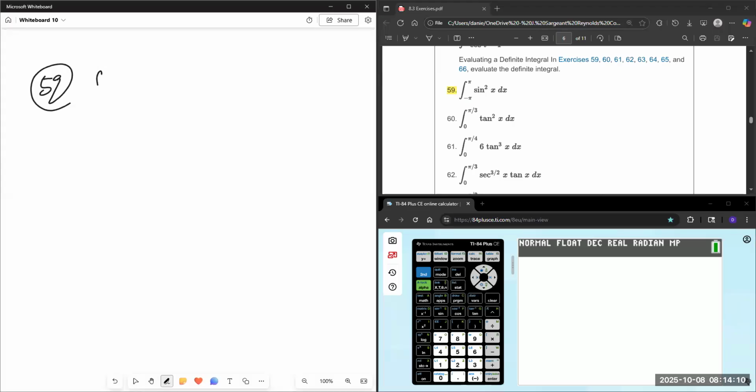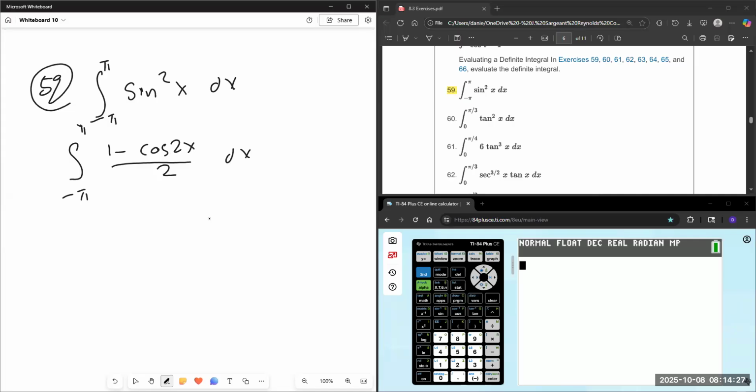The integral from negative pi to pi of sine squared x dx. So we're going to use our power reducing formula here. Negative pi to pi, 1 minus cosine 2x over 2 dx is 1/2 of the integral from negative pi to pi of 1 minus cosine 2x dx.